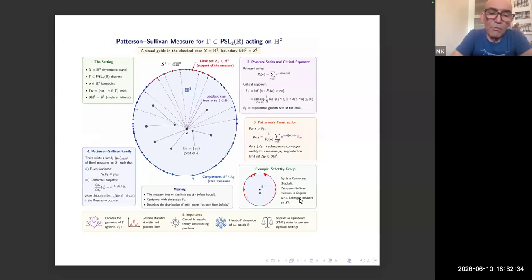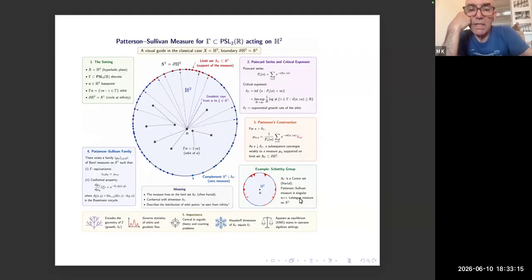By the uniformization theorem, we know that any compact Riemann surface of genus greater than or equal to 2 is a quotient, because genus 0 and genus 1 are special and much easier to understand compared to higher genus. Any such surface is a quotient of the Poincaré disk or Klein disk by a discrete Fuchsian subgroup of PSL2R.